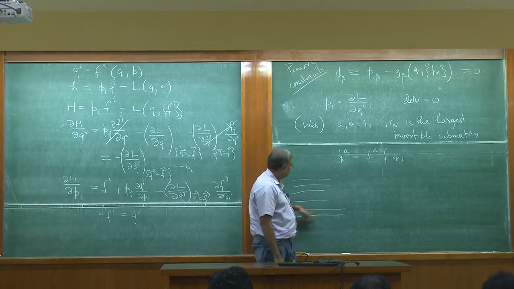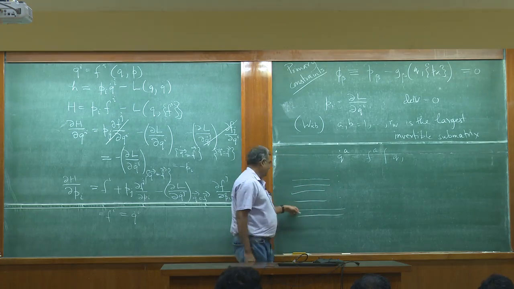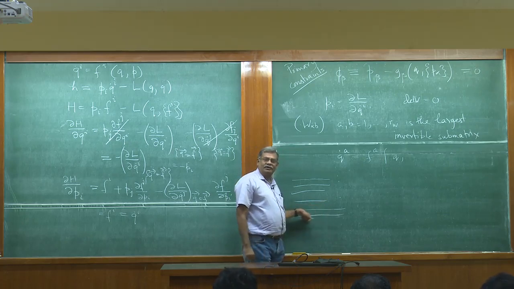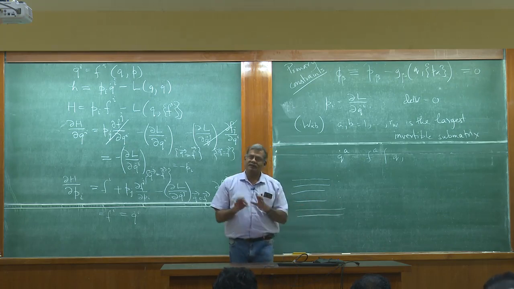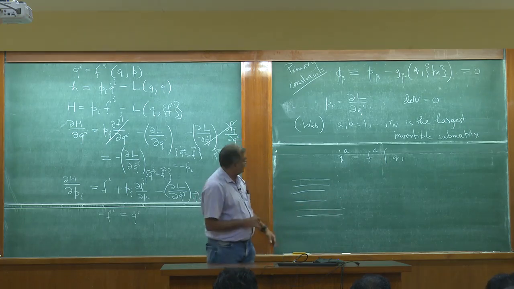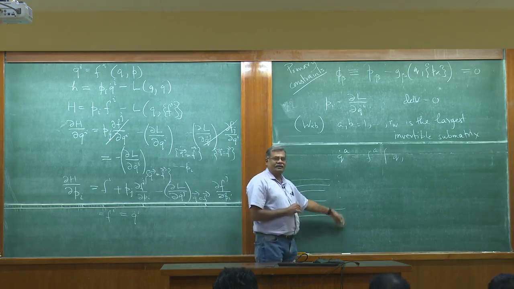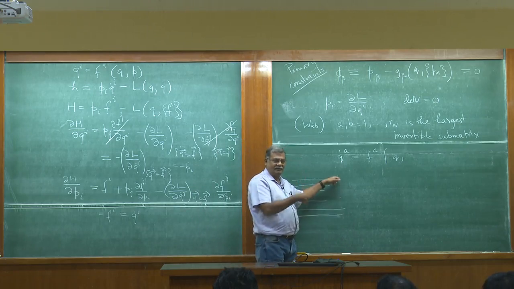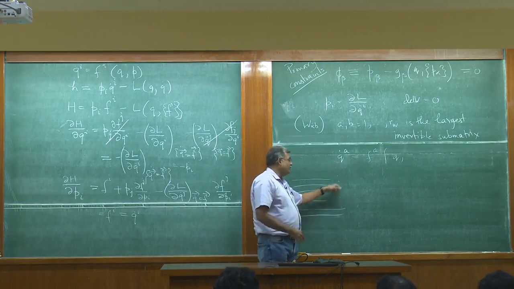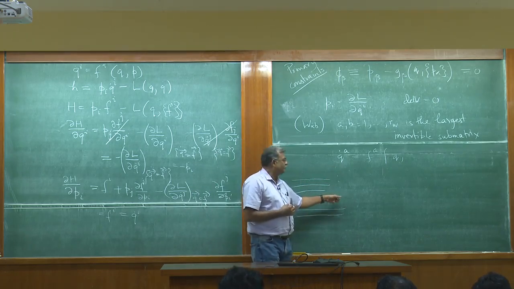This entire row has become 0. Of course, what is guaranteed is that these rows become 0. If this one also doesn't become 0, you end up with an inconsistent set of equations. We are assuming that we have a consistent set of equations, so these other p's have somehow cancelled among each other. So you are just left with the first RW p's, and there are some linear combinations of them here.